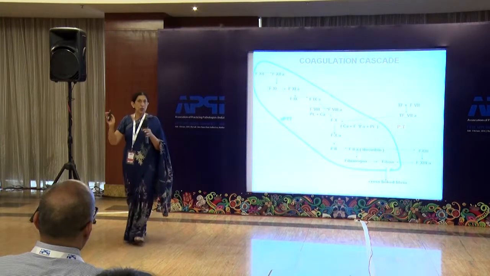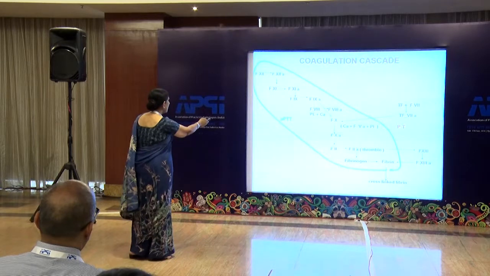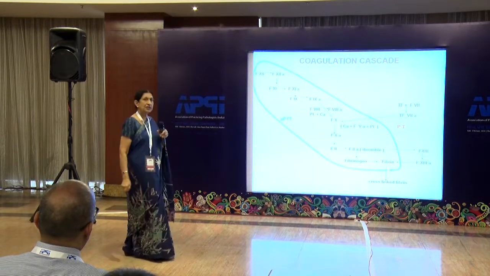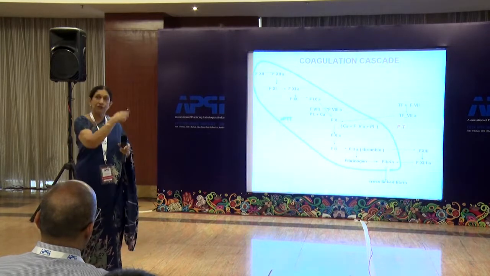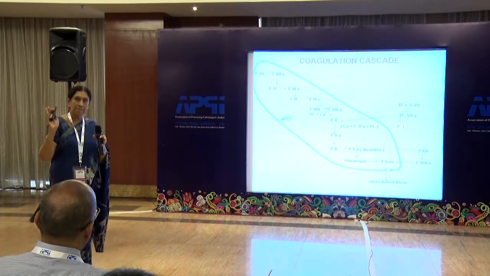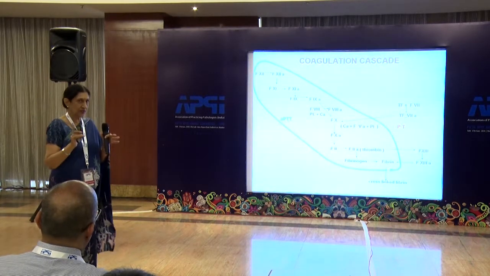present. If it's a normal APTT, all these factors are present except factor 7. Everything is present if your APTT is normal and your prothrombin is also normal, then everything is normal.